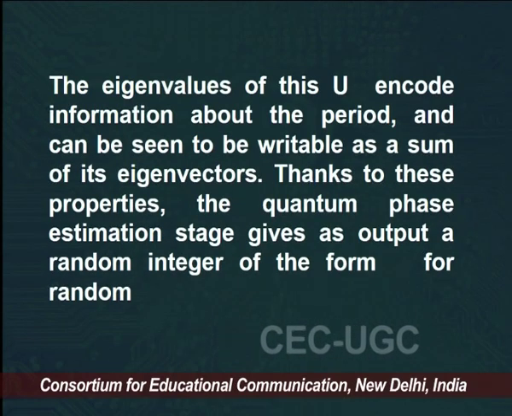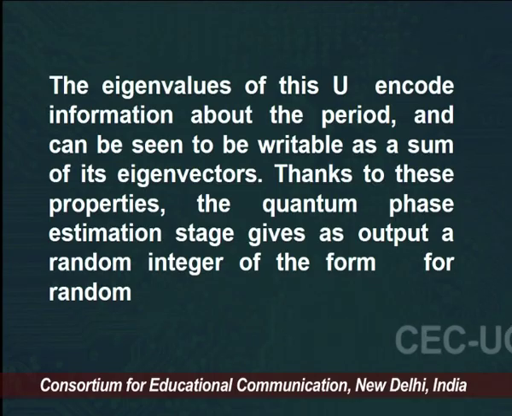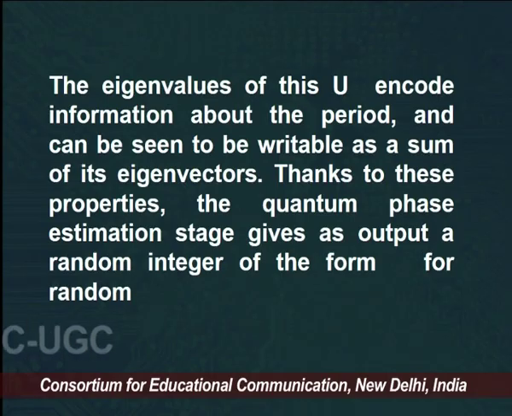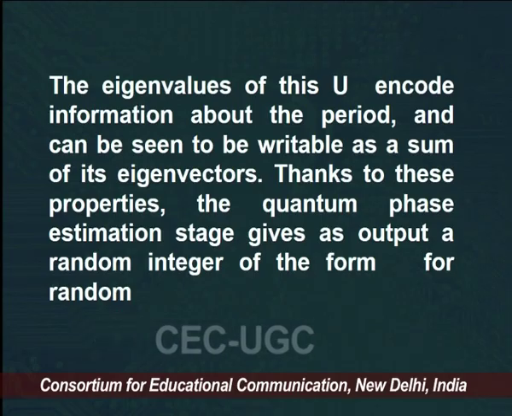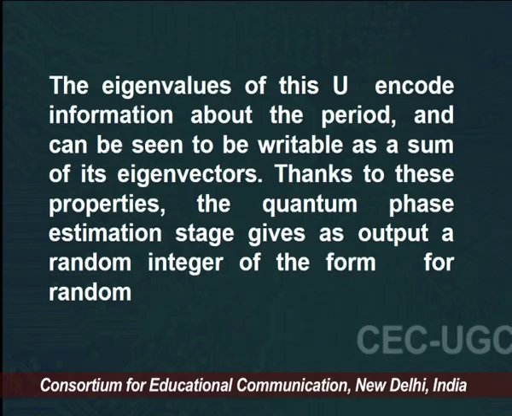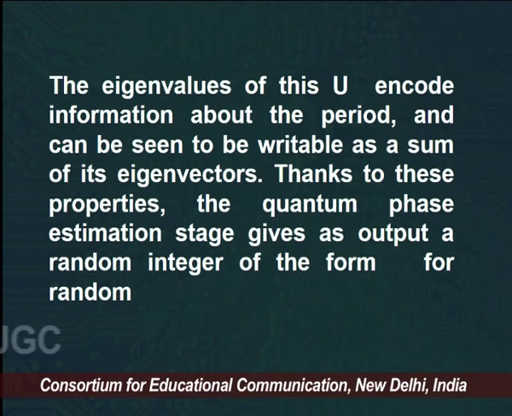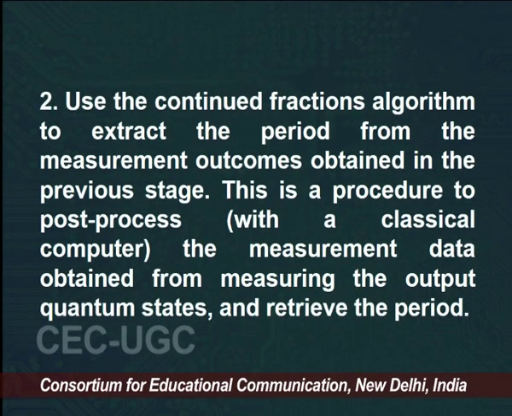The eigenvalue of this U encodes information about the period and can be seen to be writable as a sum of its eigenvectors. So, this quantum phase estimation stage gives as output a random integer of the form for the random.